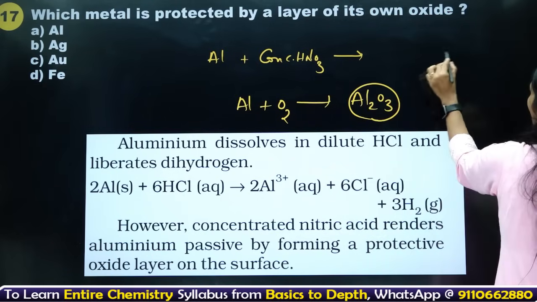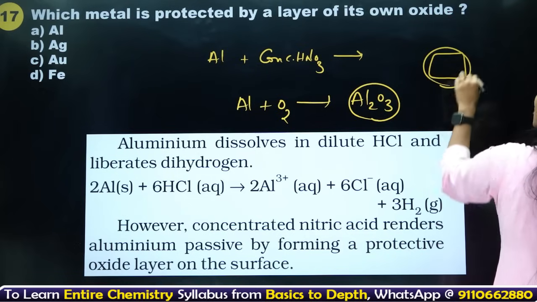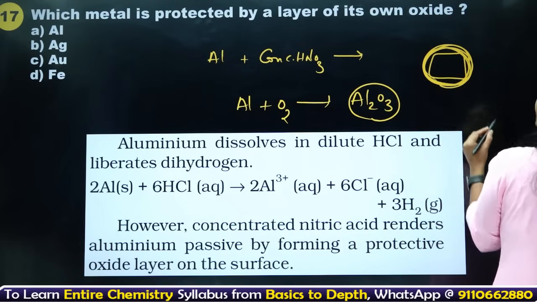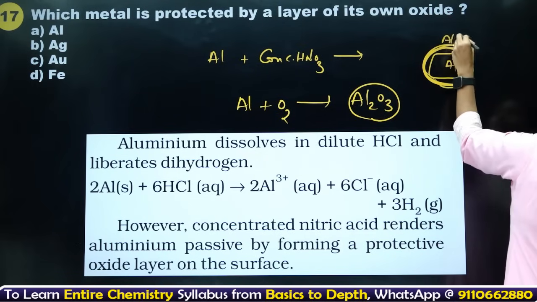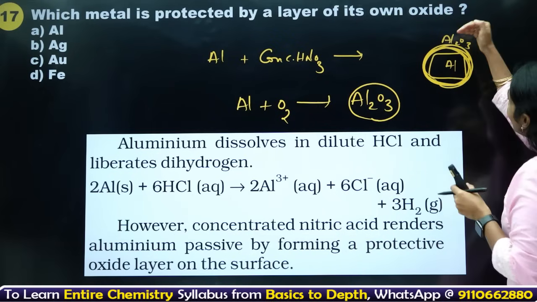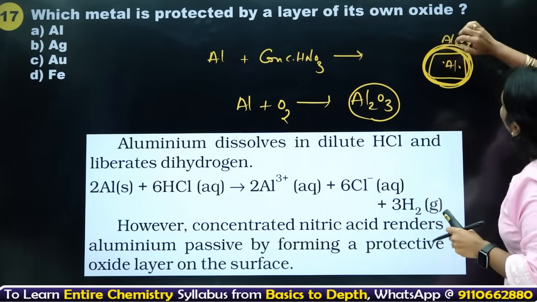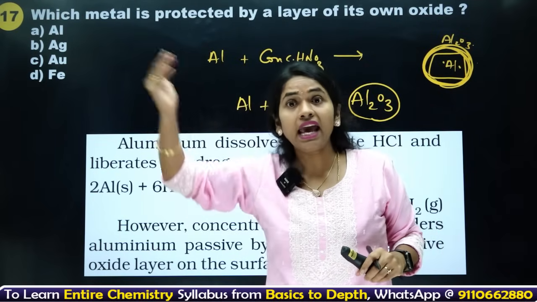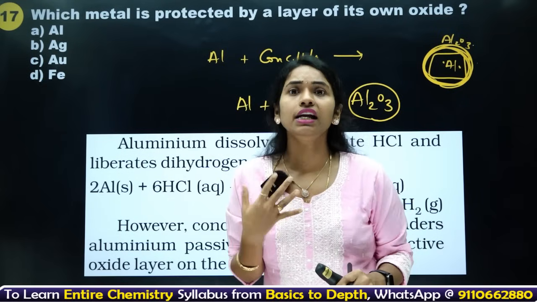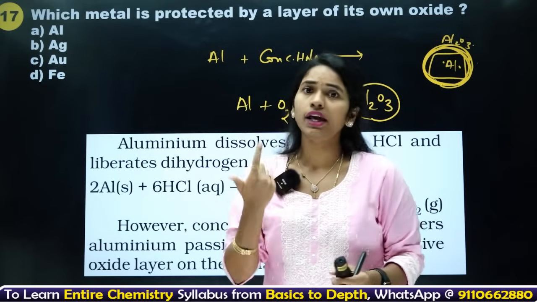Actually, this is the aluminium piece of metal. This aluminium oxide forms a layer around the aluminium, so aluminium will be inside. This Al2O3 layer acts as a protective layer so that the inside aluminium cannot react further with the outer air. In such a way it forms a protective layer around itself.